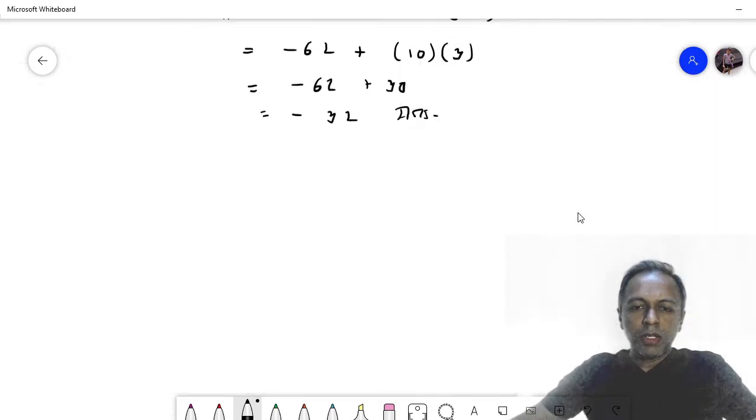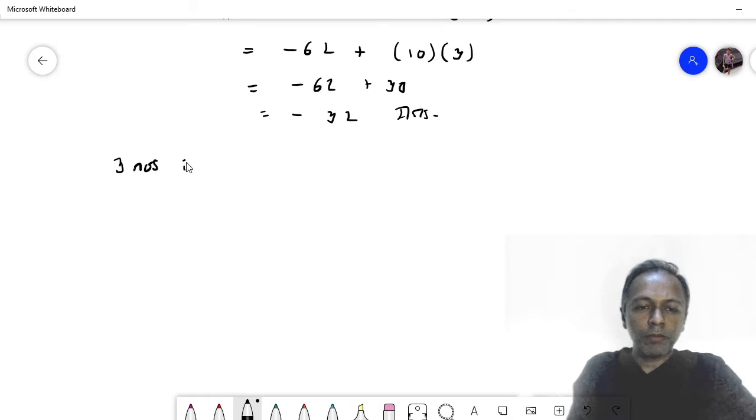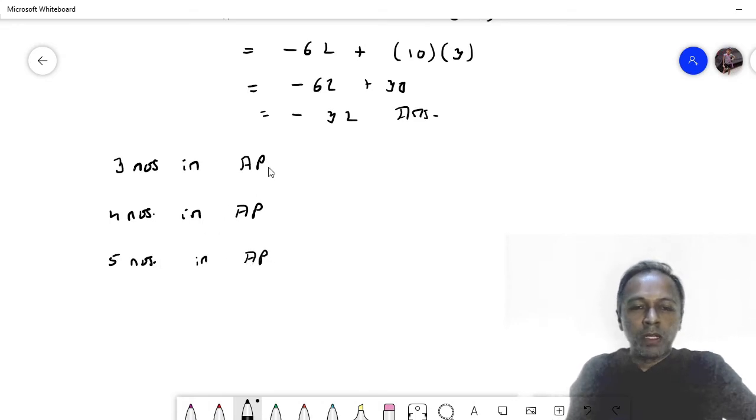Let us continue. Let us now consider the situation where you are asked to assume 3 numbers in AP, say 4 numbers in AP, and say 5 numbers in AP. Maximum you may get 5 numbers.